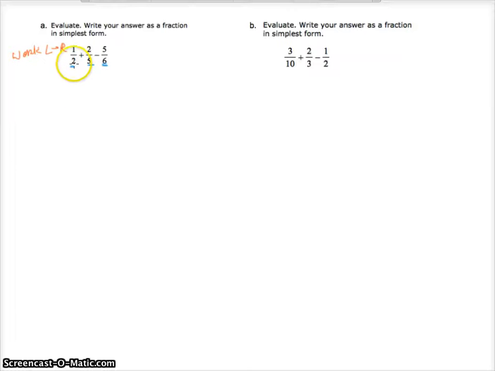Well, 2 and 5 is 10. Okay, well 6 isn't going to 10. So I've got 10, and then the next one, 10 and 6, that's going to give me 30. So my LCD is going to be 30.